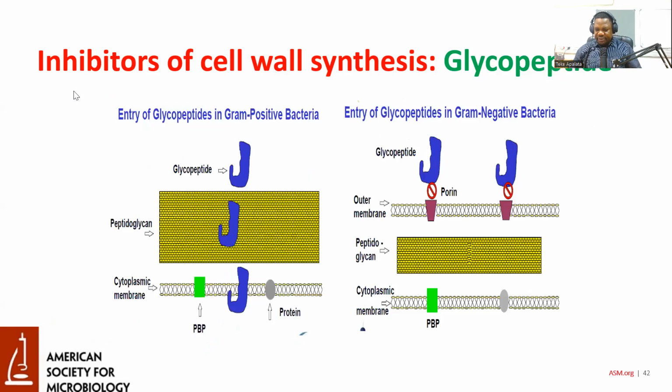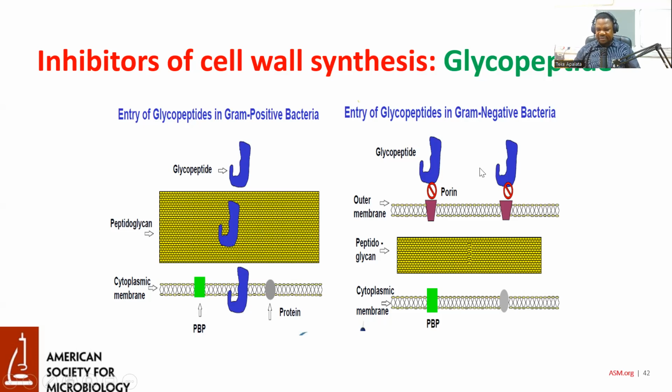Now the problem with glycopeptides, like vancomycin, is that they are very large molecules. So when you give them, you must know that it will take time for them to act because they take time to diffuse through the peptidoglycan layer of gram-positive bacteria. Then after that, they will bind to their target.